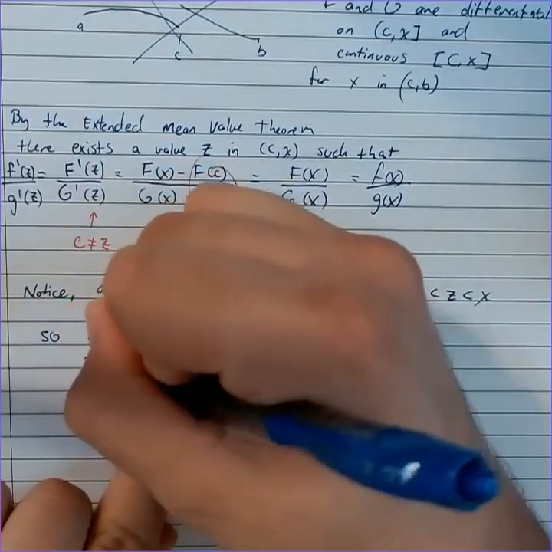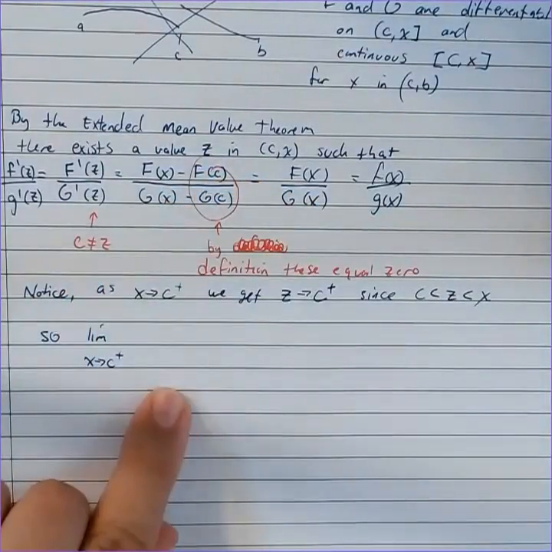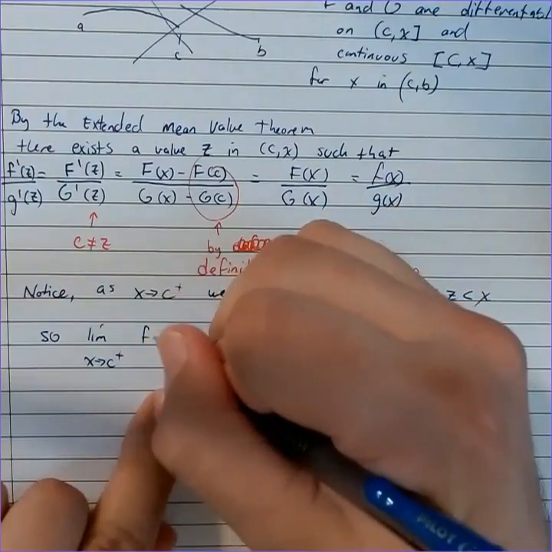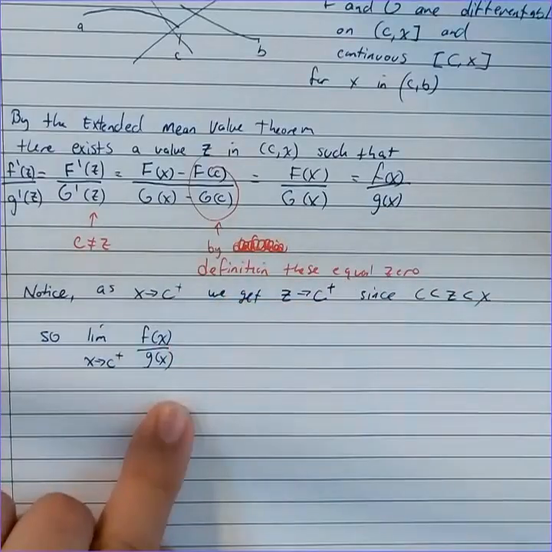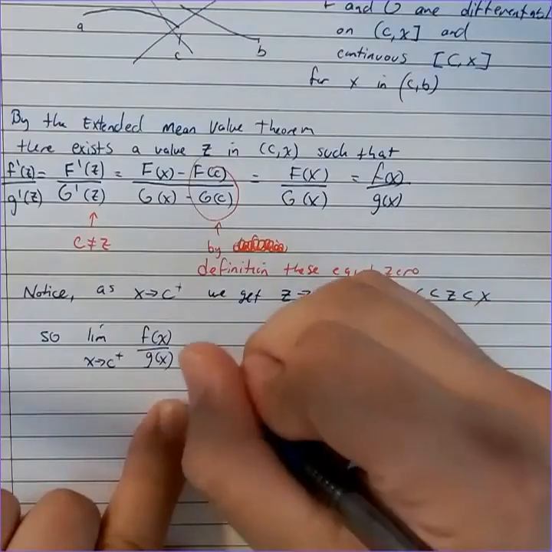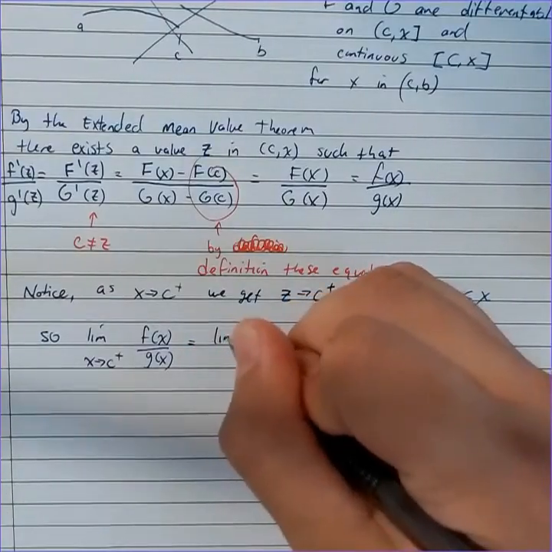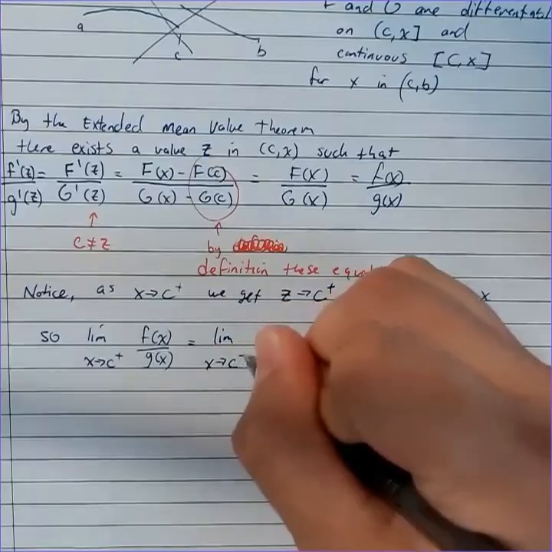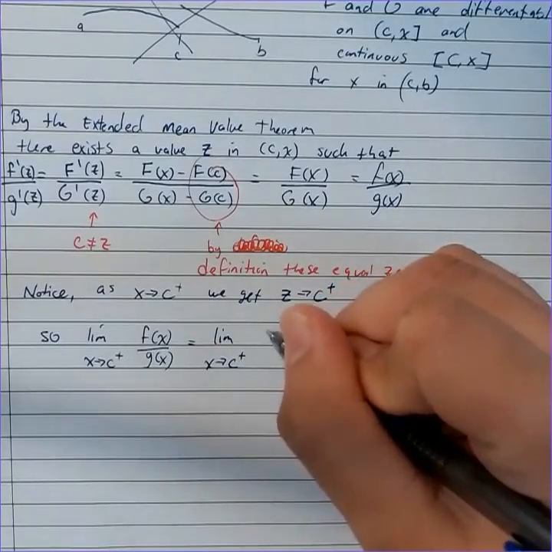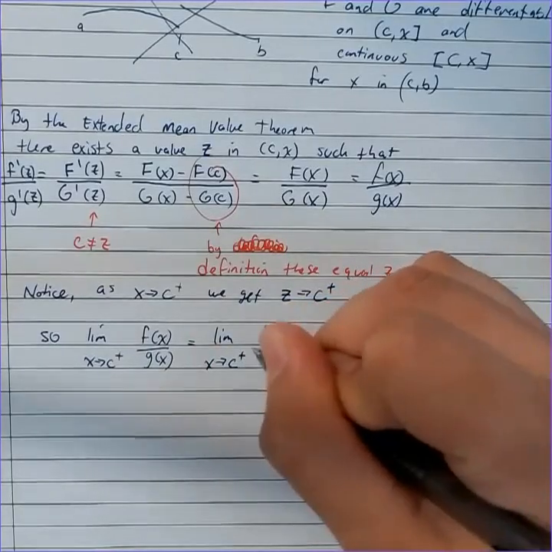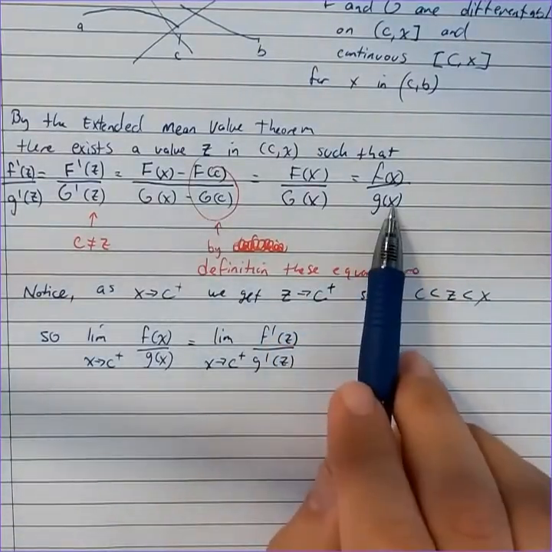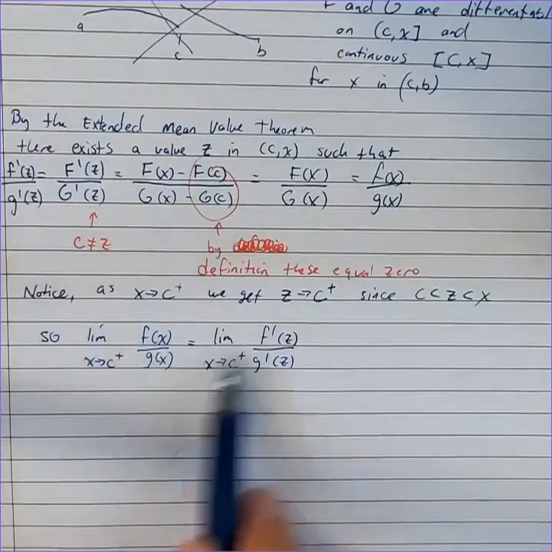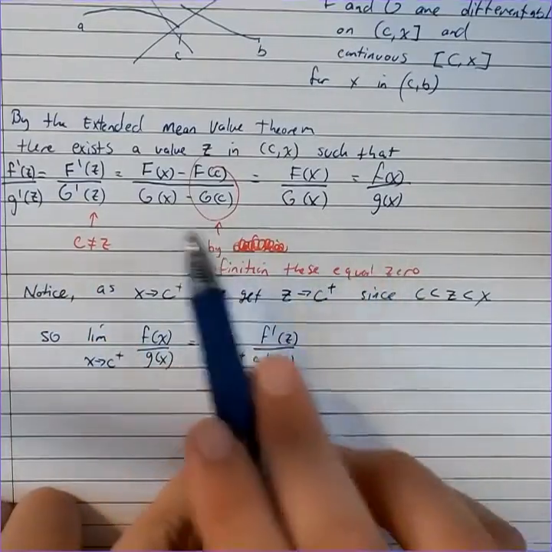the limit as x approaches c from the right of little f of x over little g of x is going to be the same as the limit as x approaches c from the right of f prime of z over g prime of z. And again, all I'm saying is, hey, look, that one there is equal to that one there. So the limit of that one will equal the limit of that one.